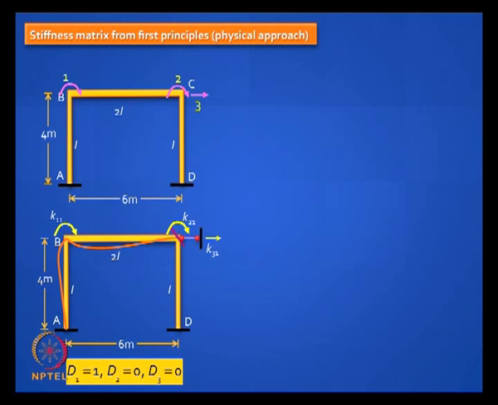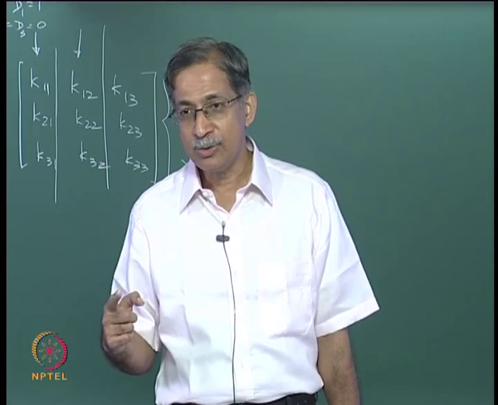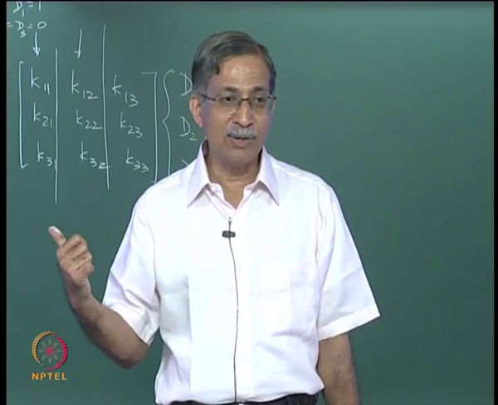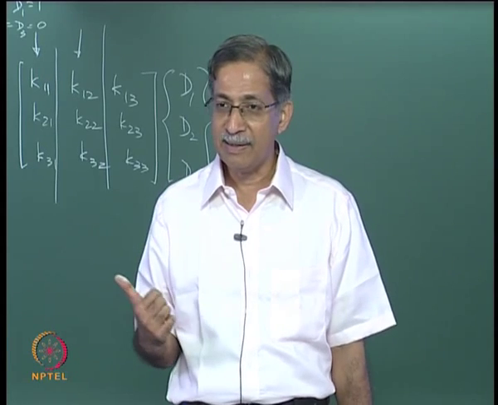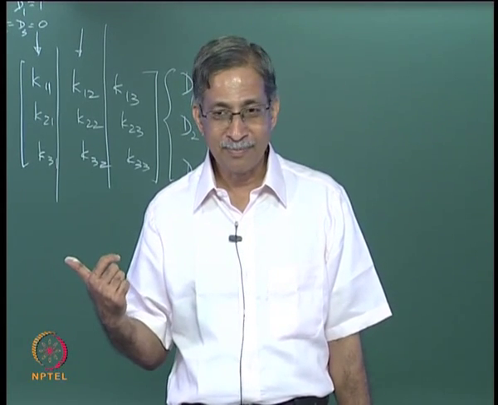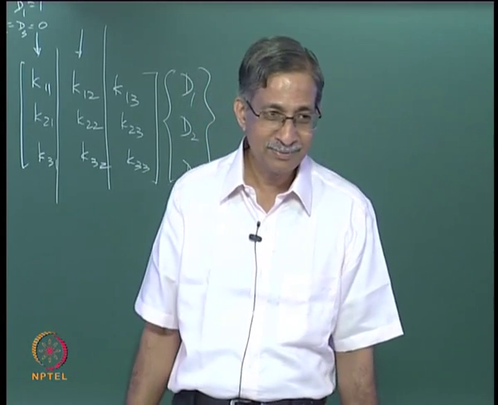That moment you need to apply to make the joint rotate by a unit angle is K11, and the reaction that develops at the other artificially fixed end at B is K21, and the reaction that is developed in the direction of the coordinate you have identified in the translation degree of freedom is called K31. Can you calculate these quantities? Do it.